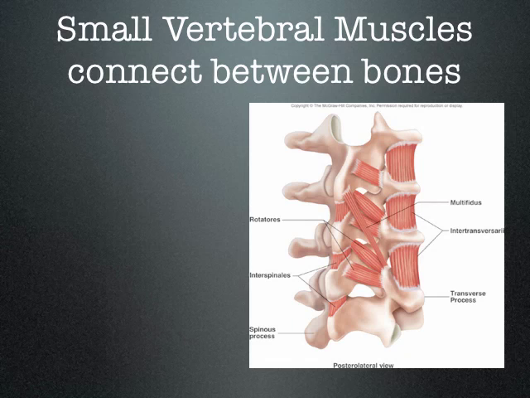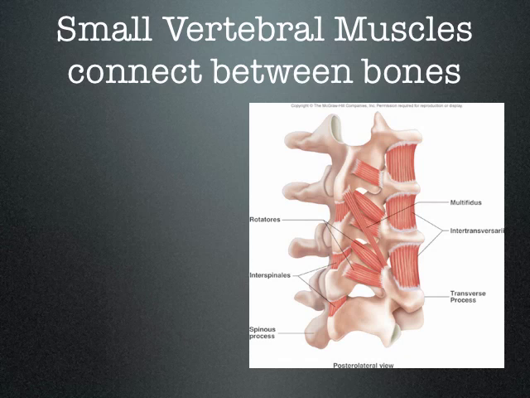Right? If each transverse process is pulled sideways and each one, boom, boom, see how that's rotating? Right? So these multifidus and these rotatores in here, because they run diagonally, they're going to cause this kind of action to happen. But again, it's just making the adjustment from one little muscle to the next.